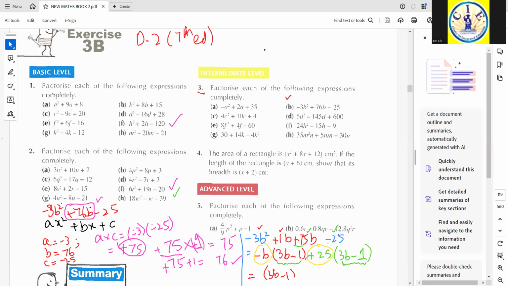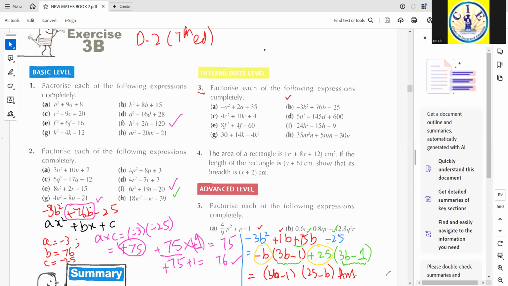So that is going to be 25 minus b, or we can write it down negative b plus 25. That would be the same. So positive 3b minus 1 times 25 minus b. That is how you factorize it.